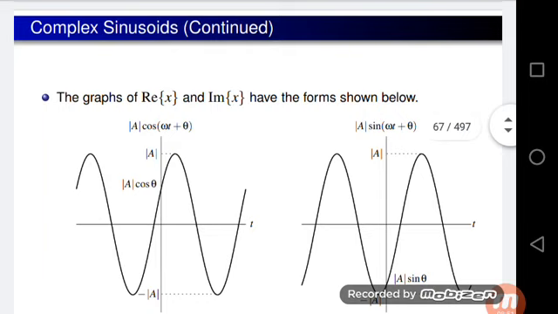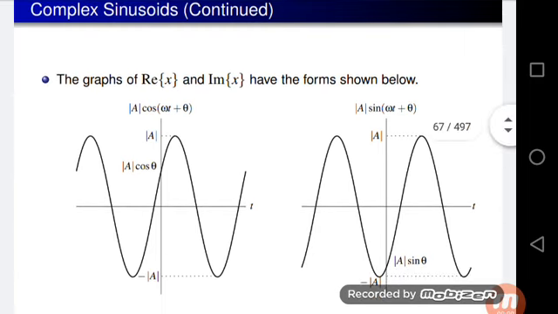The waveforms of the complex sinusoid are shown in the graphs below. Here we see the real and imaginary waveforms: the first is cos omega t plus theta and the second is sin omega t plus theta.